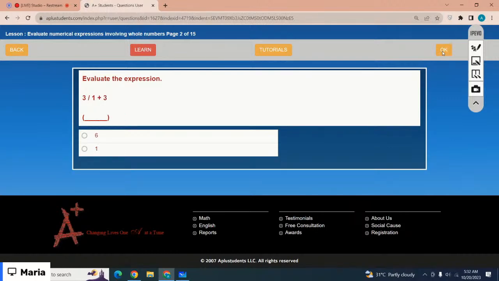Okay, the next one is evaluate the expression 3 over 1 plus 3. That means you need to divide 3 by 1 and then you have to add 3. So when you divide 3 by 1, the answer is 3.